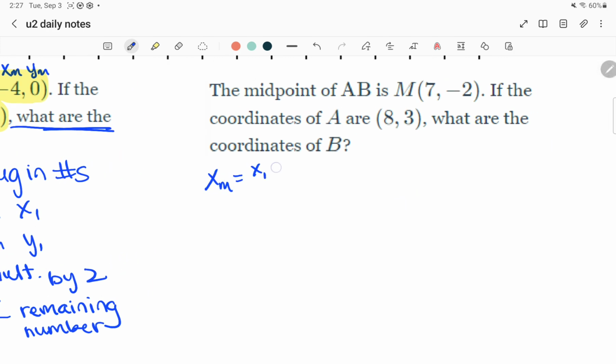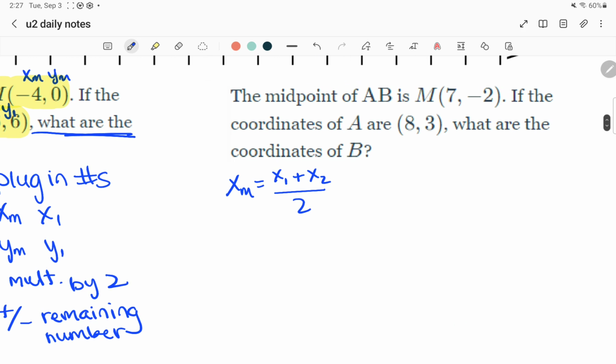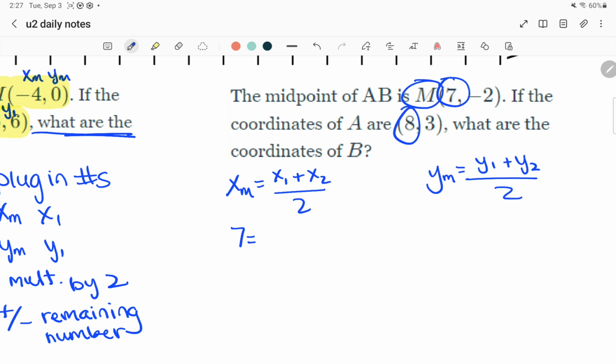xm equals x1 plus x2 over 2, and ym equals y1 plus y2 over 2. Those are my midpoint formulas. So x value of the midpoint is 7. I know that because it tells me. I'm not having to come up with that on my own. And x1, that means the x value of the one endpoint that they gave me, is 8.